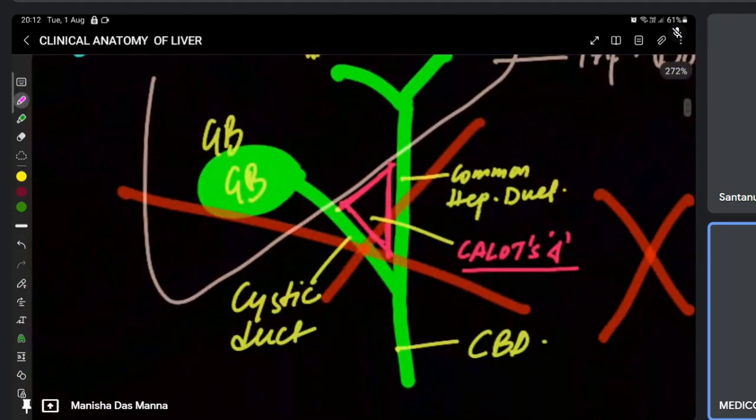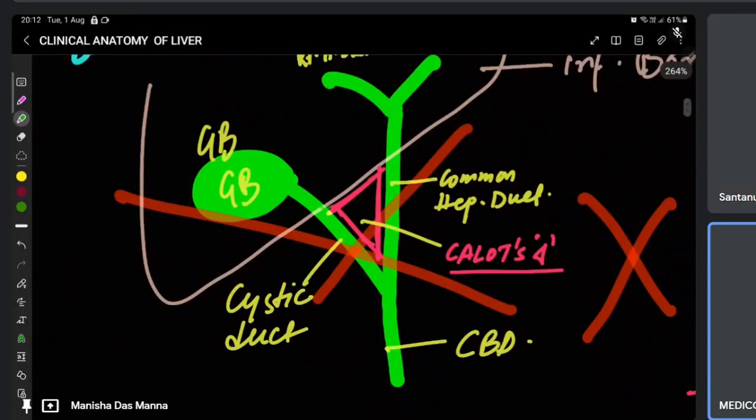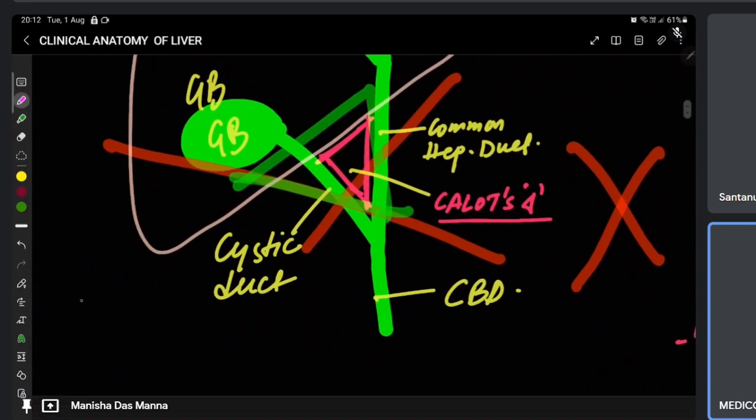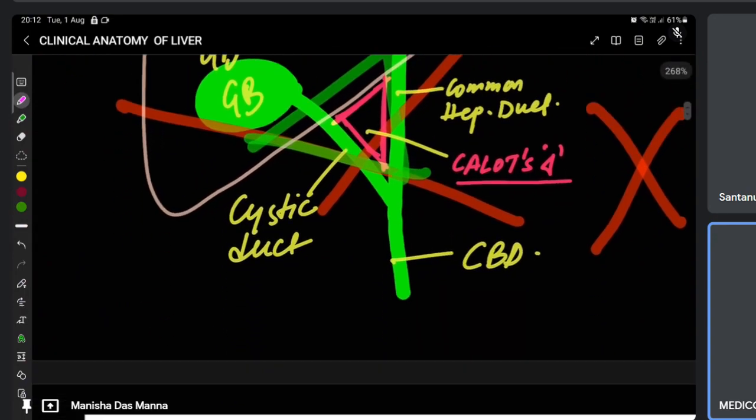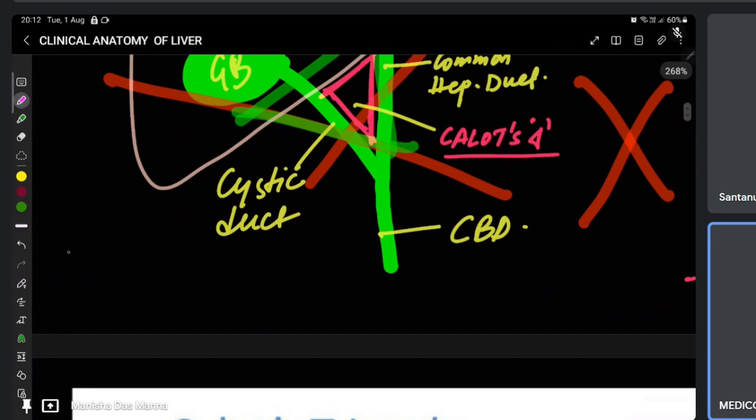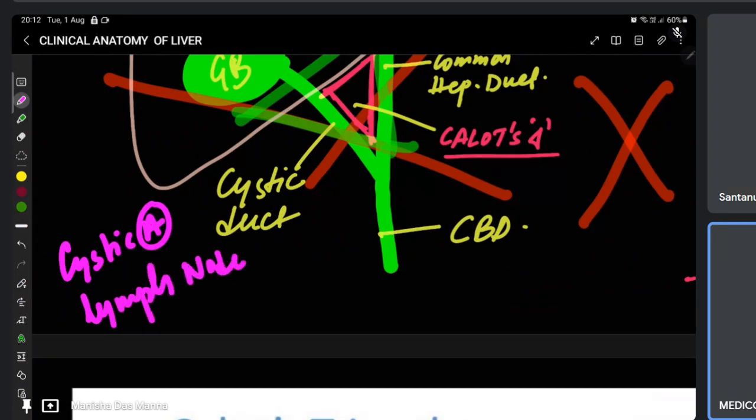And previously, when the anatomists considered this the Calot's triangle, there were two contents of Calot's triangle. When I am talking about the contents, I am talking about the relevant and important contents. There are many branches, etc., but all those things are not relevant. So in the Calot's triangle the content was cystic artery and the lymph node, the lymph node of Lund.